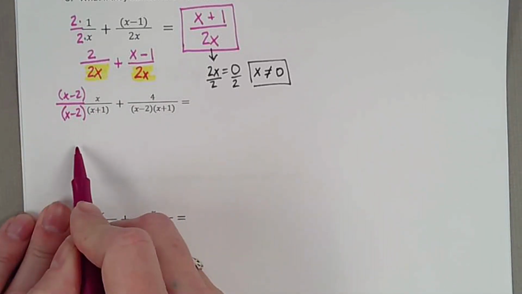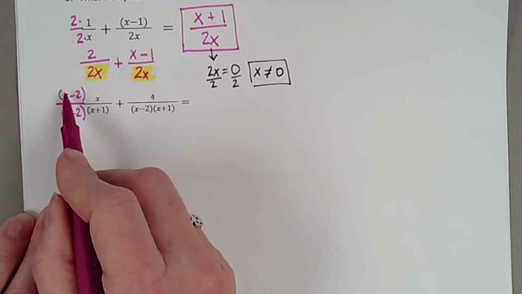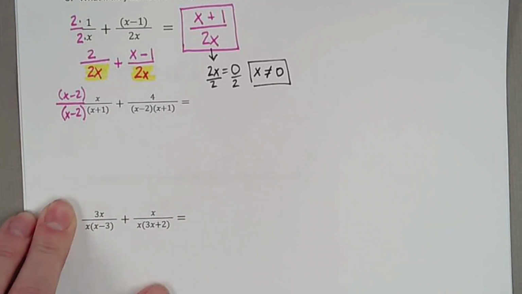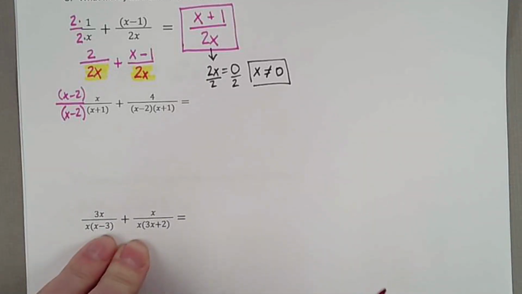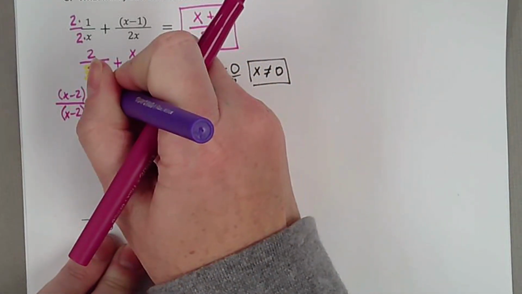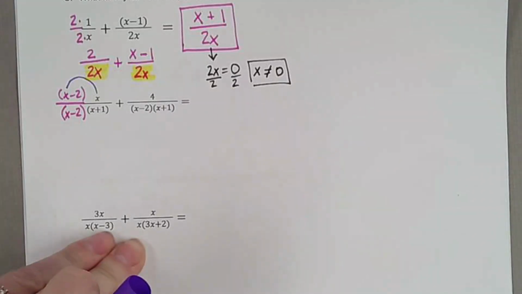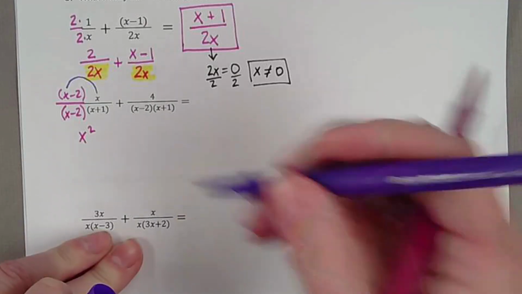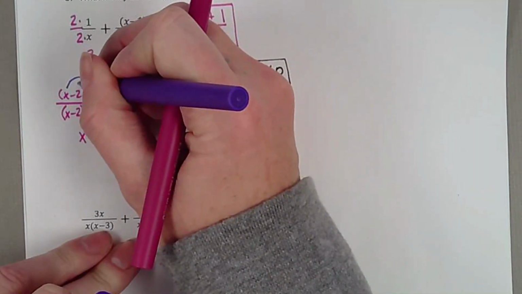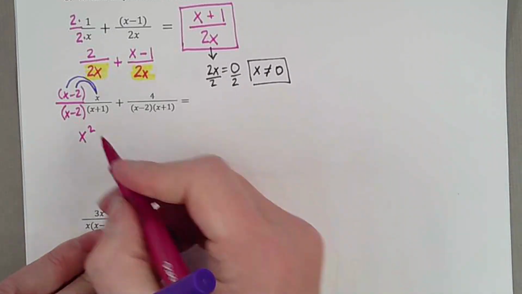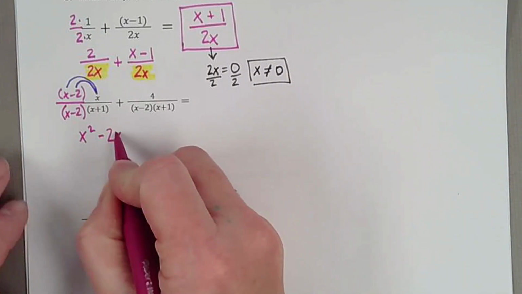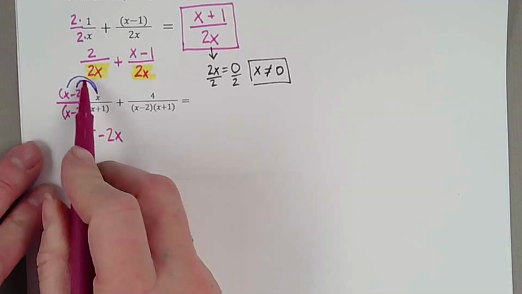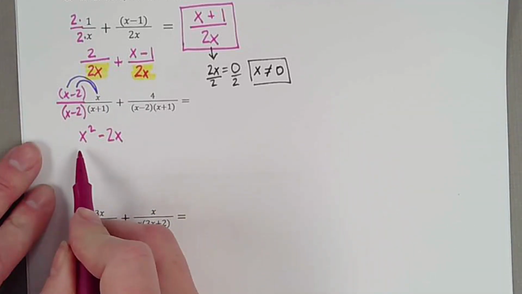And now I can simplify, I can do anything on the top. The thing I see here to do is I have an x times another x. That's making an x squared. And I have an x times a minus 2. That's making minus 2x. So I'm distributing up here because I'm doing multiplication.